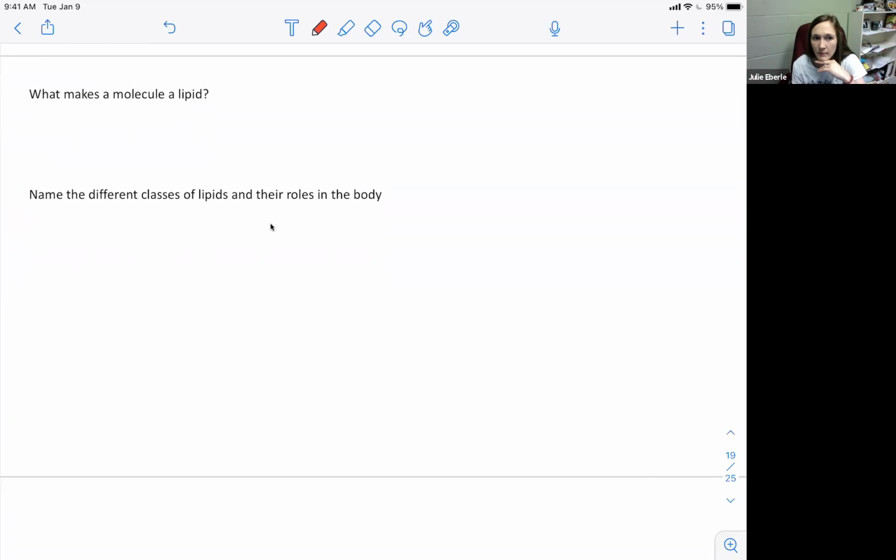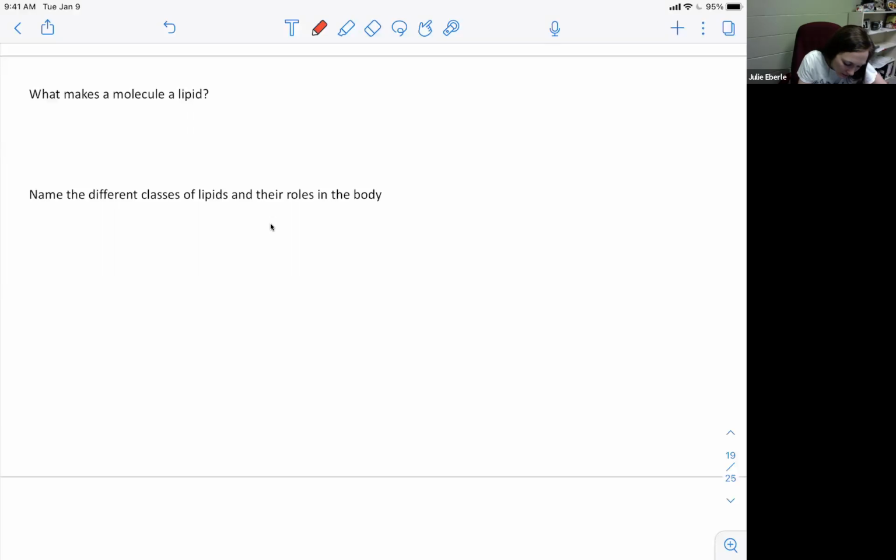You guys tell me, what makes a molecule a lipid? We got 7 different classes, and they can look kind of all different from each other. So what makes a molecule a lipid? It is solubility. Yes, Maggie. Okay.